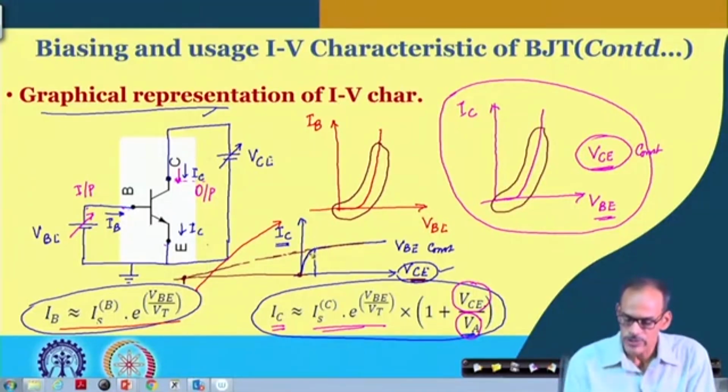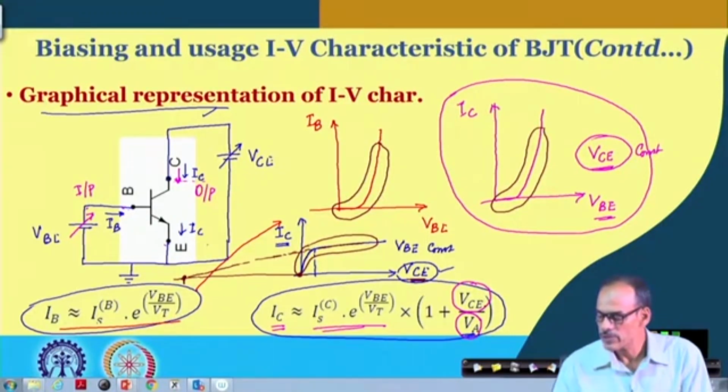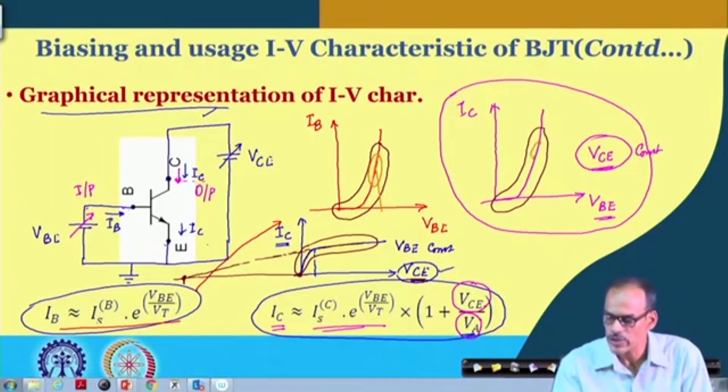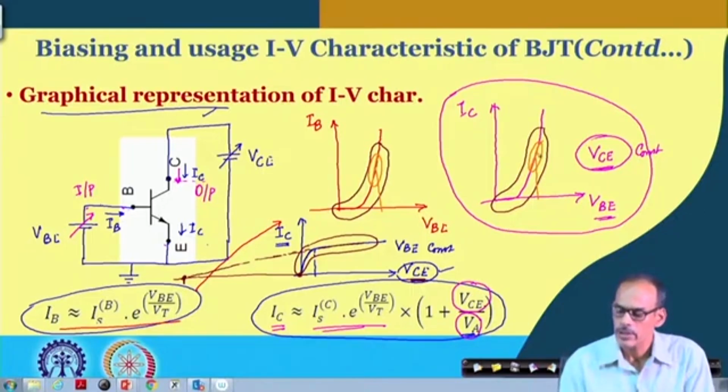Here also, if you push the device into this region beyond the active region, of course, we can see the highly nonlinear part. But whenever we will be focusing on amplifiers, we may be keeping our signal well restricted within a narrow range, maybe somewhere here, and around that, whatever the slope of the characteristic, that may be important. Likewise here also, if we keep the VBE, the current having linear dependency on that VBE can be represented by the slope of this characteristic line. Same thing for this also.